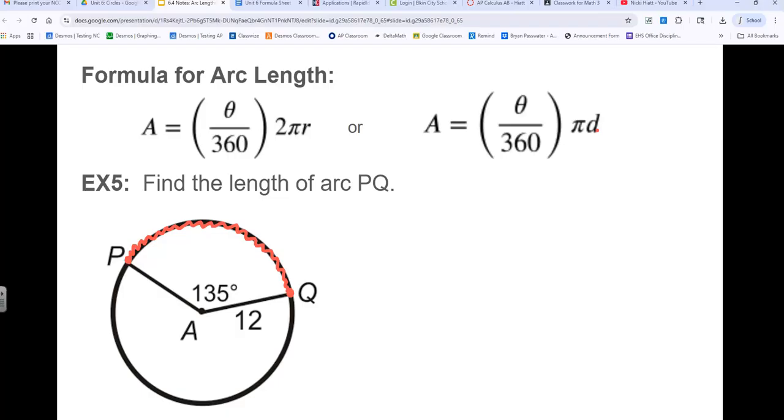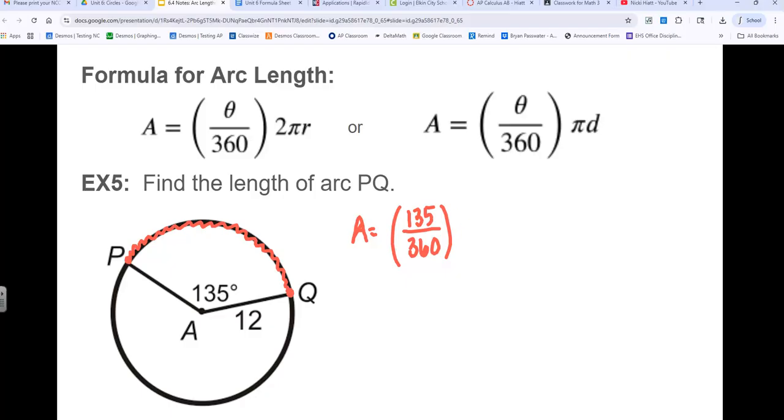So if I'm trying to find the length of arc PQ for example 5, then in this case I will do 135 out of 360. That's the fraction of the circle that I'm looking at. I've got a central angle of 135 out of a total circle of 360.